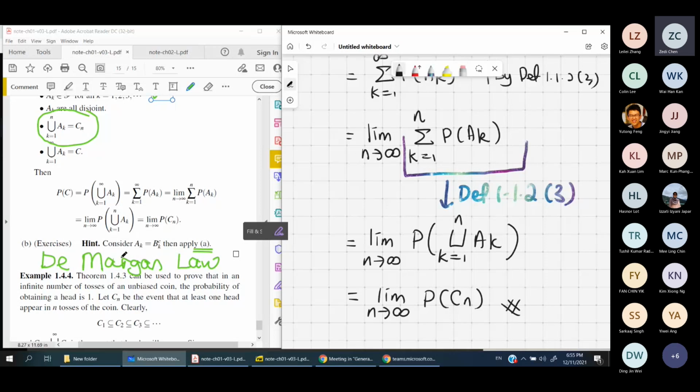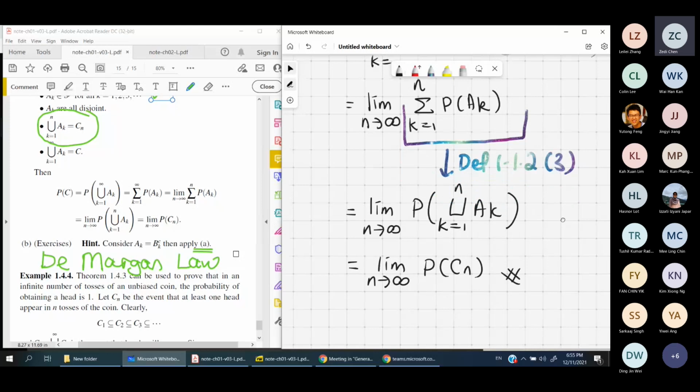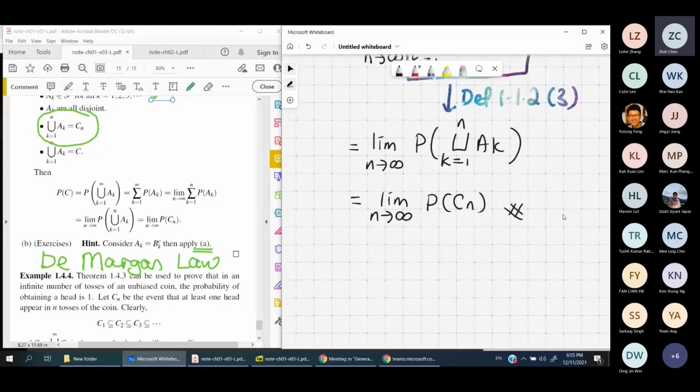I think De Morgan's law alone is not enough, you might need this. Okay, maybe I'll put it over here. So for part B, this is just a hint, okay, not the proof. Let you work it out yourself.